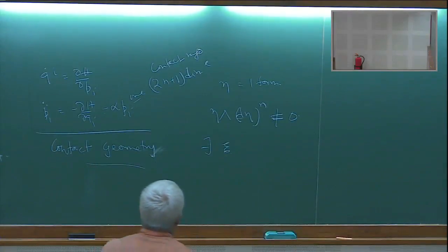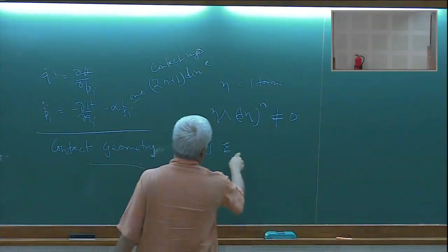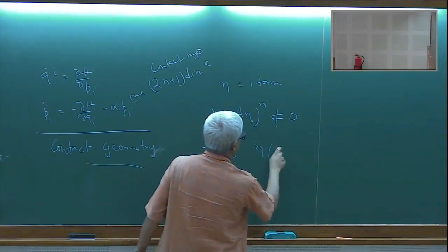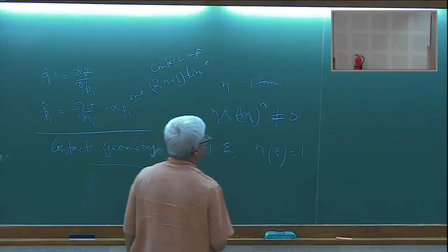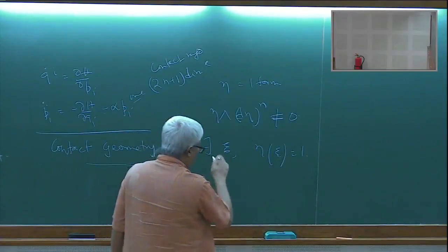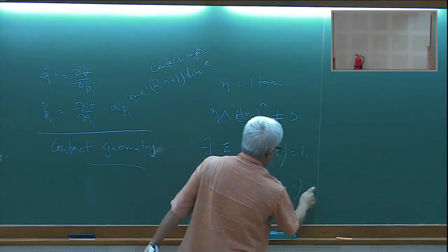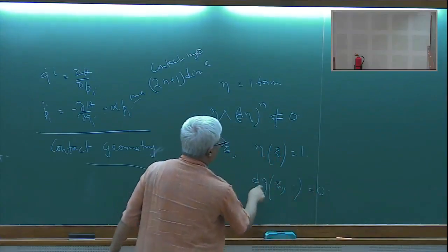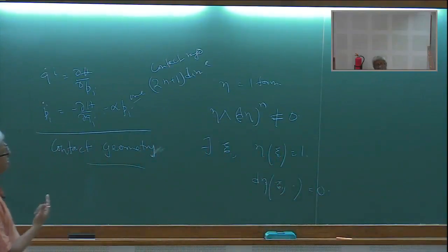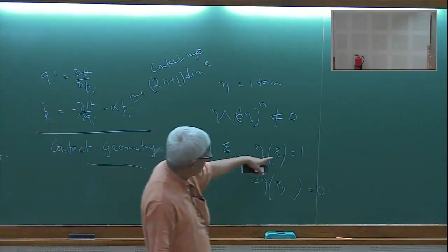Now what happens? There exists exactly one vector field, a unique vector field ξ, that is like ∂/∂x or something of this type, which follows this one. This is the uniqueness, and i_ξ dη will be 0. So dη is a 2 form, but when you contract with ξ, it will be 0. This is enough to give you the construct of ξ, because I want to construct ξ.